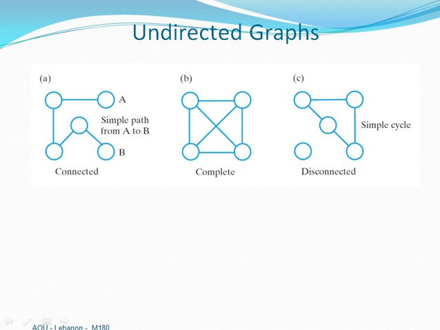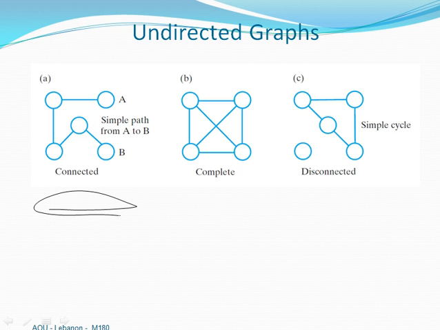Now there are different types of undirected graphs. This is called a connected graph, in which all the vertices are connected with other vertices. There is no vertex in isolation, with no connection to any other vertex.